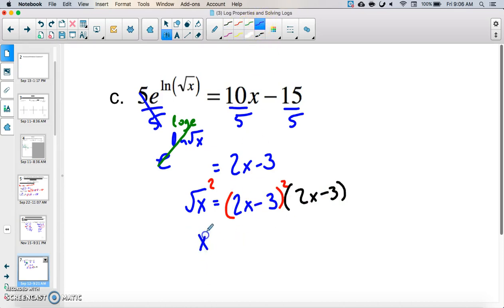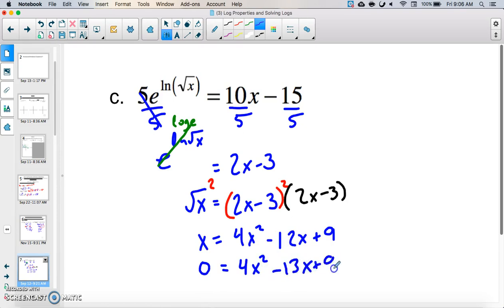So we're left with x equals 4x squared minus 12x plus 9. And then we can subtract over that x, so we'll have 0 equals 4x squared minus 13x plus 9.